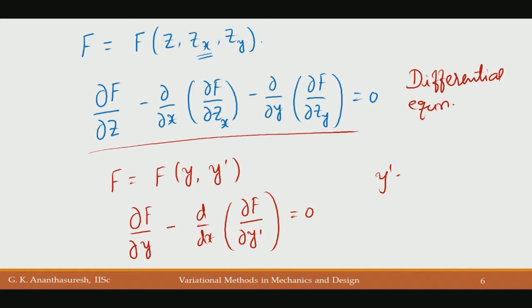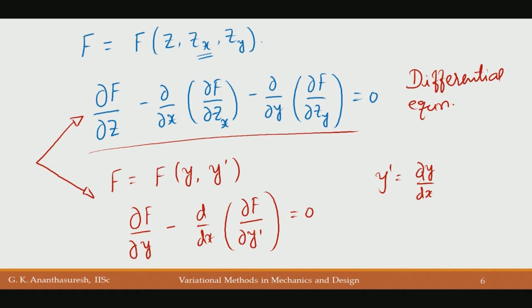Again, if you recall, y prime is dou y by dou x, or dy by dx, and you can see the similarity between these two. But we also know how to derive them.